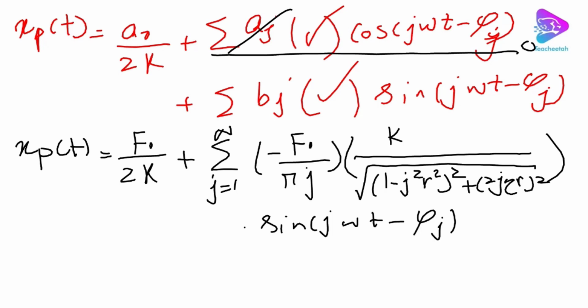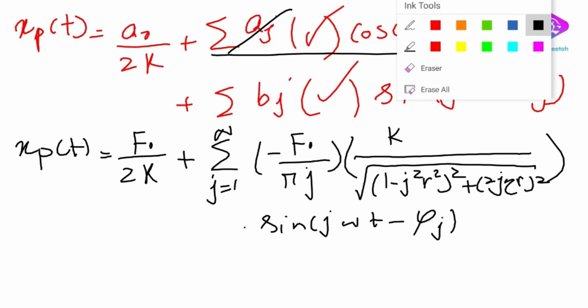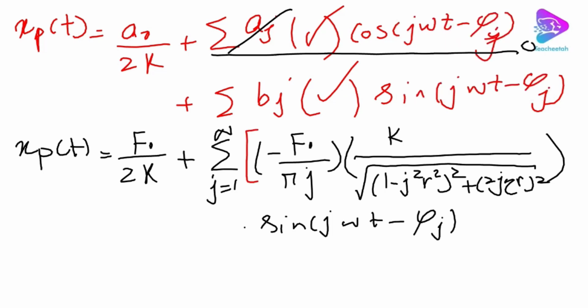Let me put the whole thing in a bracket, so this is the whole thing inside the series. So we basically found the steady state response of the system. As you see, everything is known.